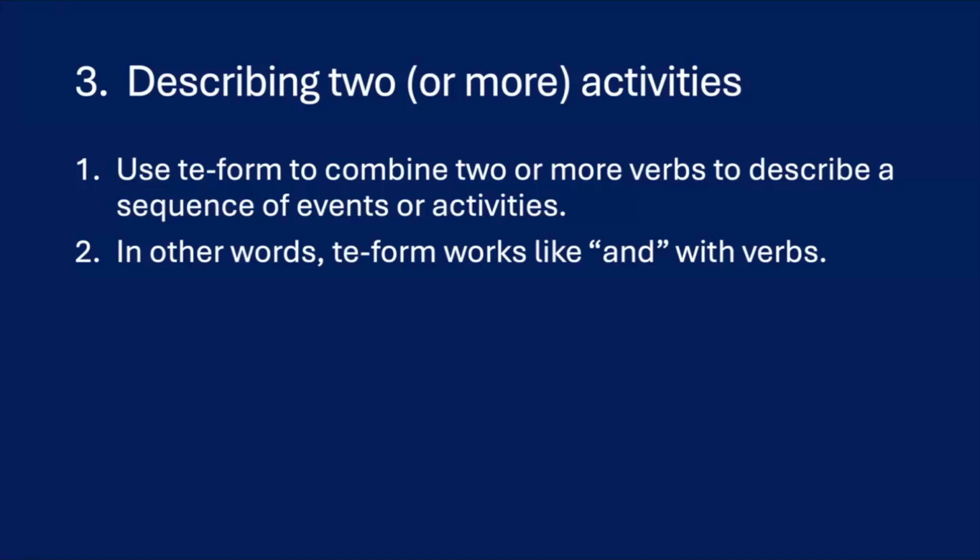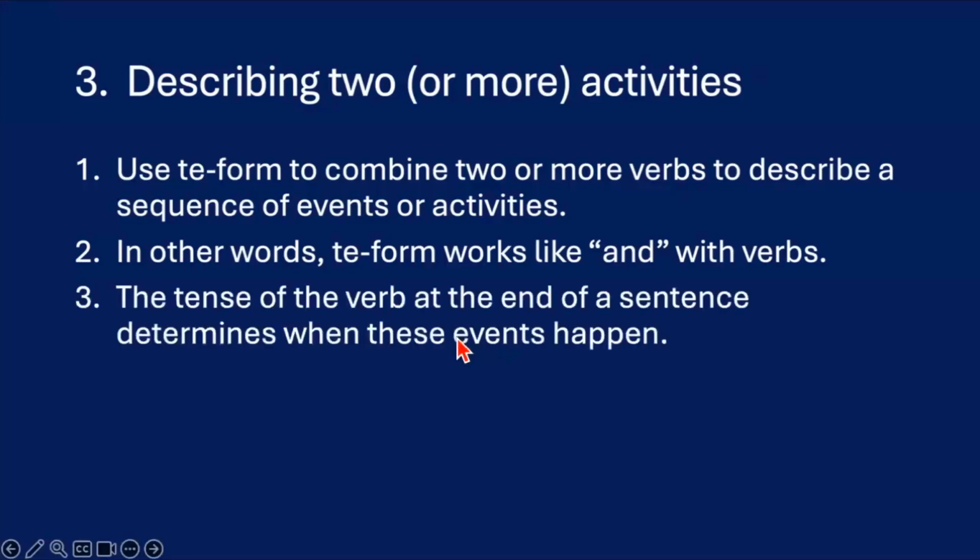You can say this knowing te form, right? So in a way, you can think the te form is like and between verbs. Remember, and is to, but to only connects nouns. So you can't do 食べると飲む, but you can say 食べて飲みます. All right.